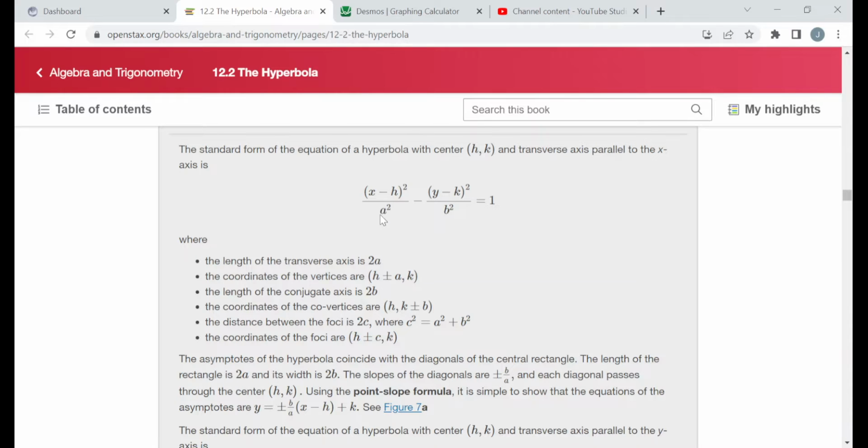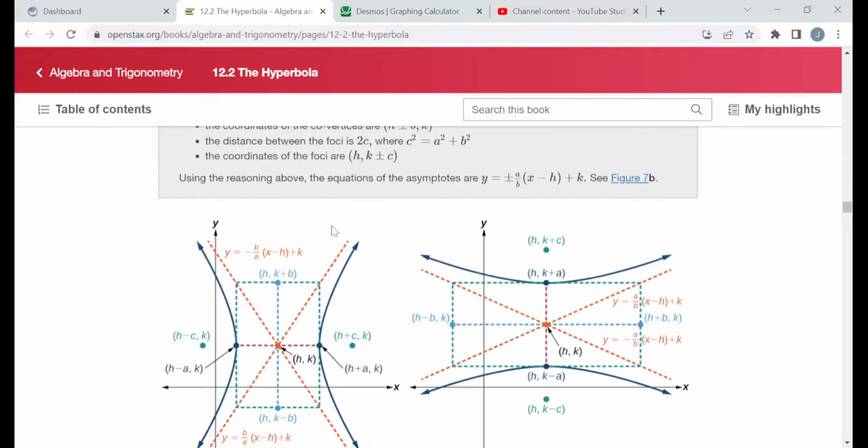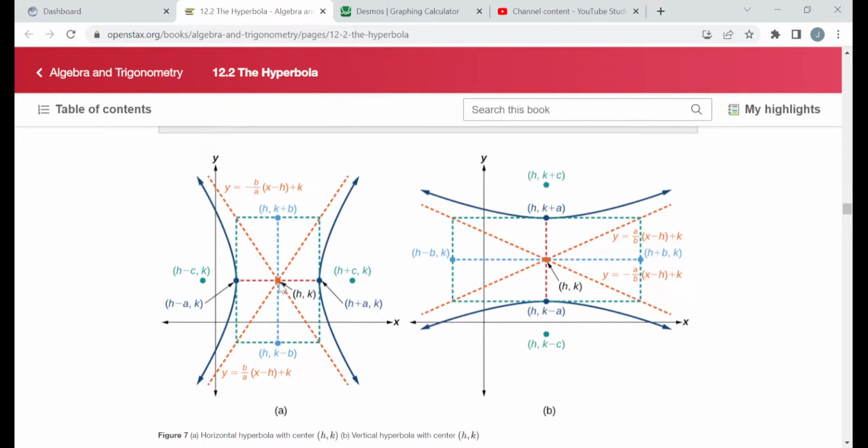Now, h and k represent the coordinates of the center. A and b represent the same thing they did last video. A represents the distance from the center to a vertex, and there are two vertices. The vertices are the points on the hyperbola that are closest to the center. That distance is a units.